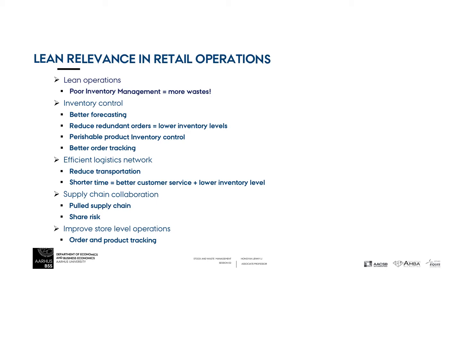And perishable product inventory control is also one important topic. Here we often see the discussion that perishable products normally have a short shelf life. Short shelf life products normally lead to the most significant, or higher, waste.